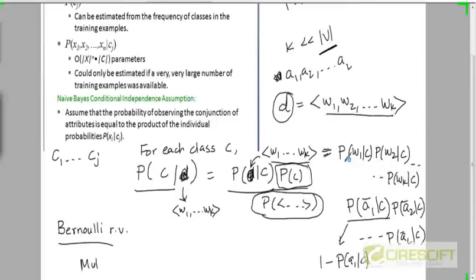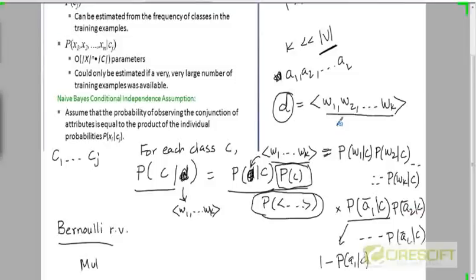So what I explained here was that if you're given a random document from the class C, the probability that this random document will have exactly these keywords W1 to WK is the product of all these random variables, P of W1 given C, P of W2 given C, and so on till P of WK given C, multiplied by the probability of the absence of all these other words from that document.